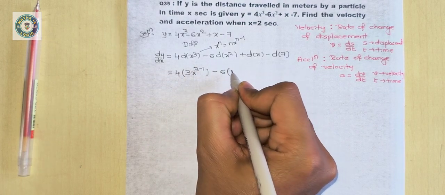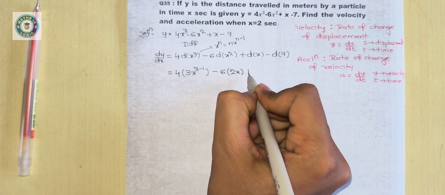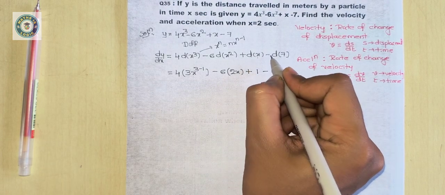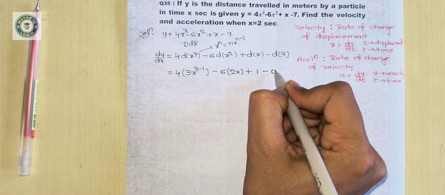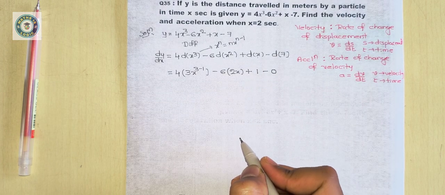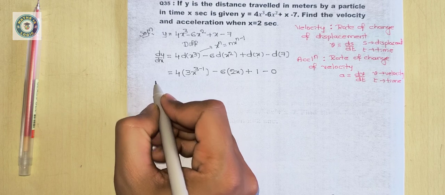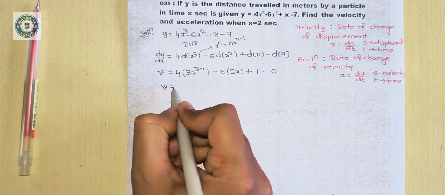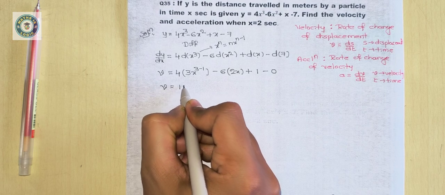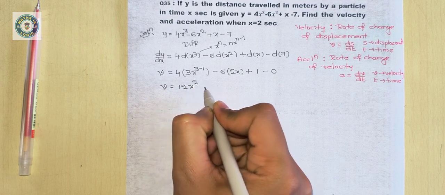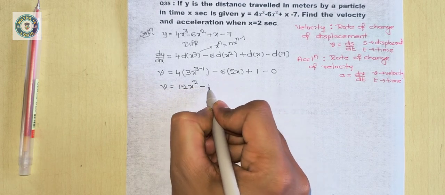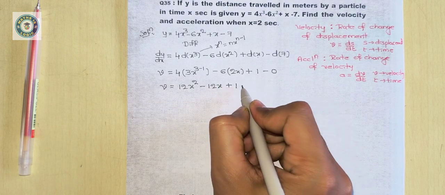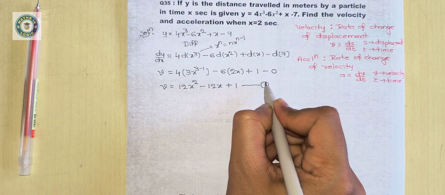The x square differentiation is 2x, plus the x differentiation is 1, minus the number differentiation, where the differentiation of 7 directly goes to 0. This is what we call velocity. Therefore velocity v is equal to 4 into 3, 12 x to the power 2, minus 6 into 2, which is 12 x, plus 1. We call this equation number 1.